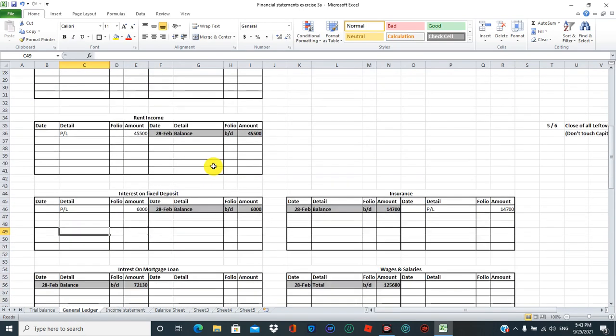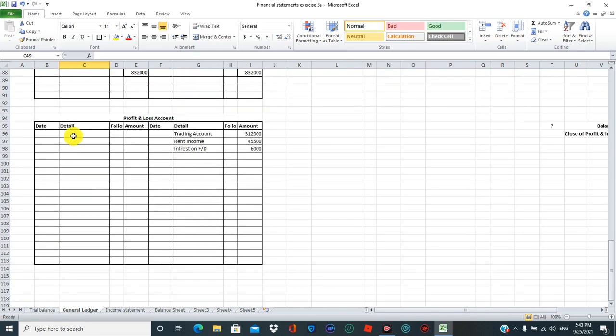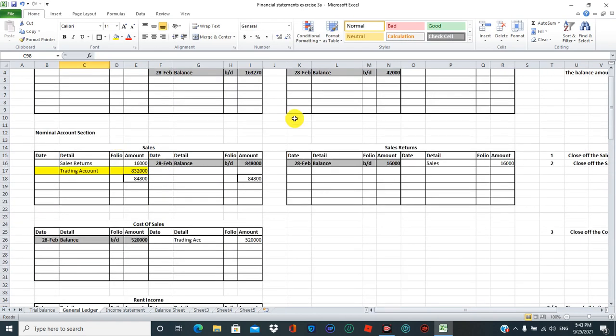All right, next. Where was I? Insurance. So this has got a credit balance. So it moves to the debit side of the profit and loss. So here we go, insurance. The amount was 14,700. All right, so we've done that one. Sorry, I have to move up and down.